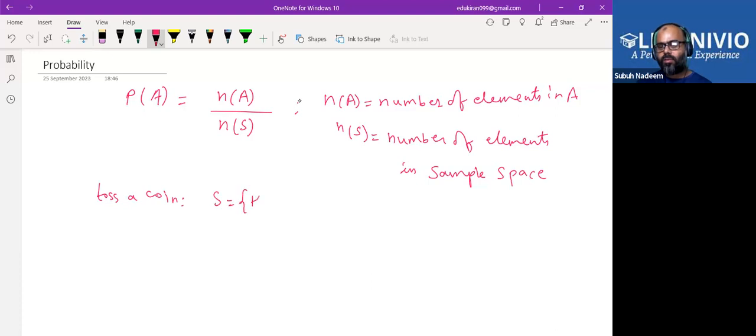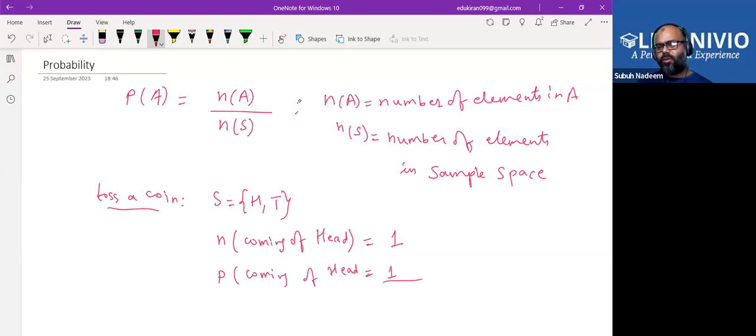Sir, head and tail. Head and tail, right? And if we want the number of elements corresponding to coming of head, what would it be? 1/2. Yeah, so number of elements will be 1, and the probability of coming of head is actually 1, which is the number of elements, and the number of elements in the sample space is 2. So we write it as 1 by 2, right?